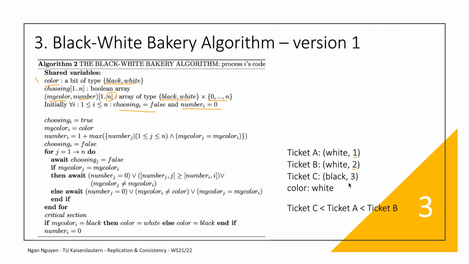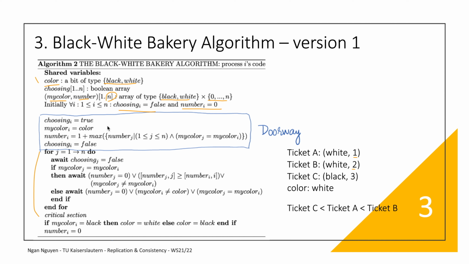So, if the 3 tickets are currently looping in the waiting part, ticket C can enter the critical section first, and then ticket A, and then ticket B. Okay, now let's get back to our algorithm. If process i wants to access the critical section, it first must go through the doorway.